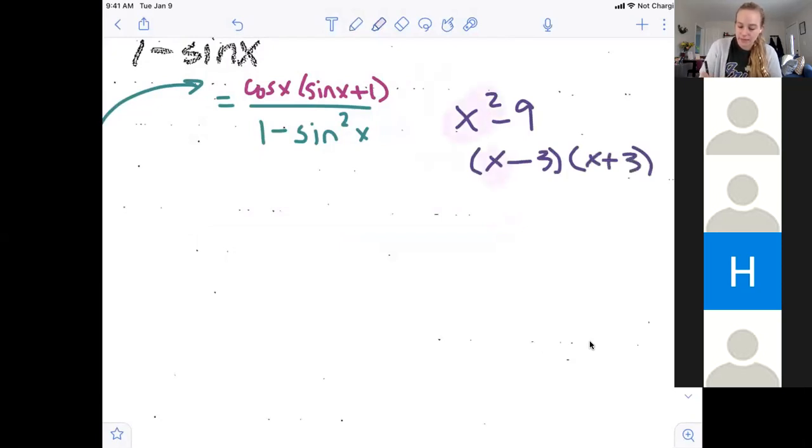X squared breaks down to x and x, and the 9 is the same thing as 3 squared, so it breaks down into a minus 3 and a plus 3. It's the same concept here. 1 is a perfect square, so I'm going to go 1 and 1.